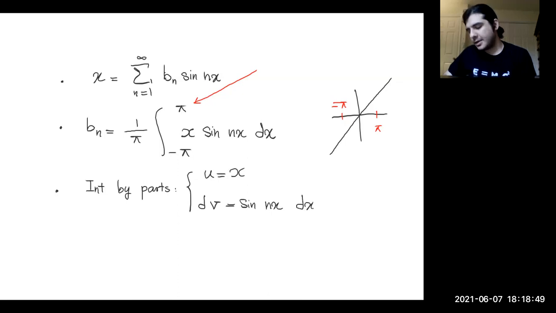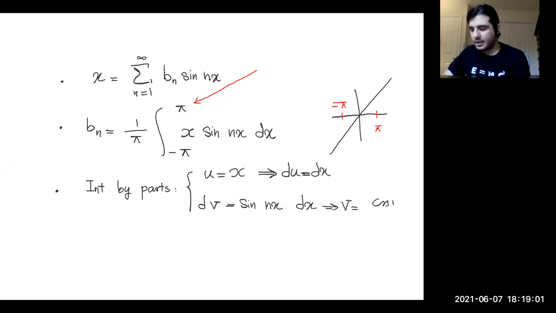So if u is equal to x, du would be dx. And if dv is equal to sine nx dx, then v would be equal to cosine nx over minus n, right?